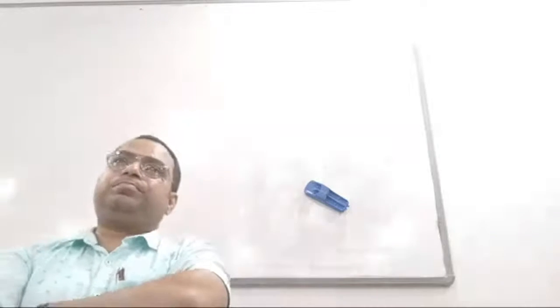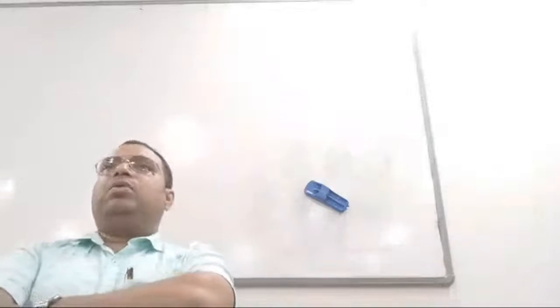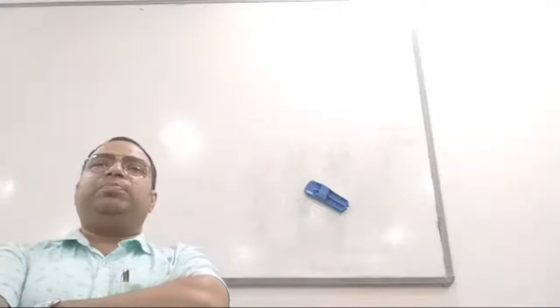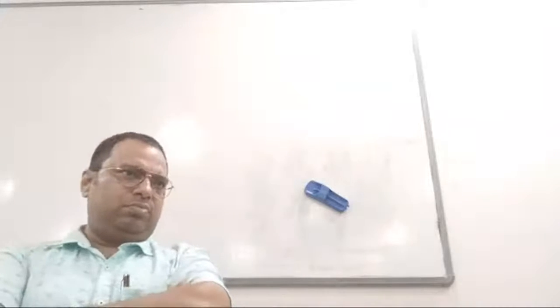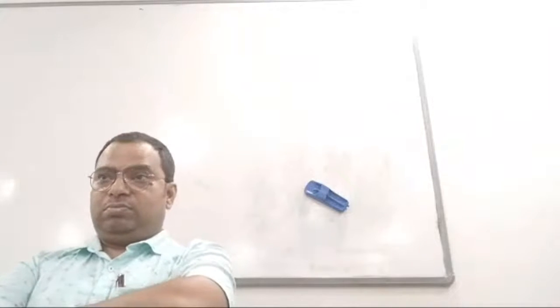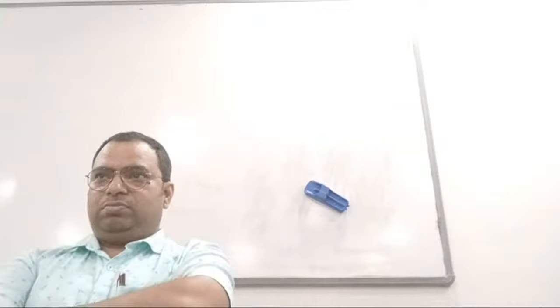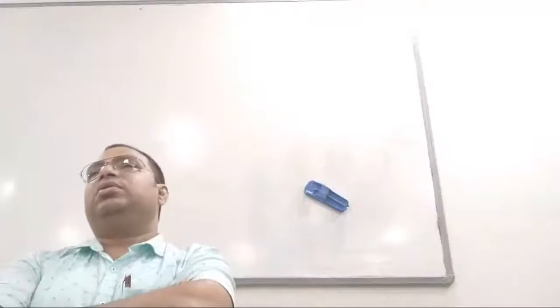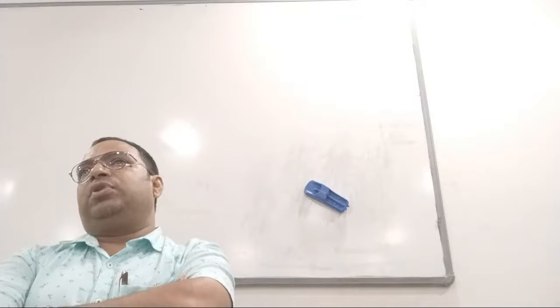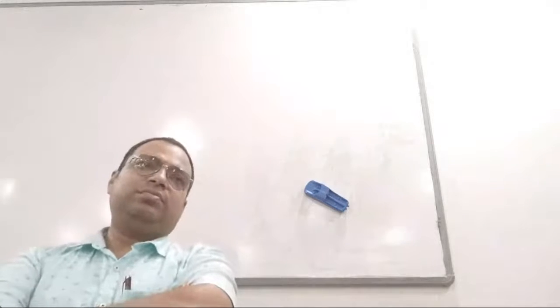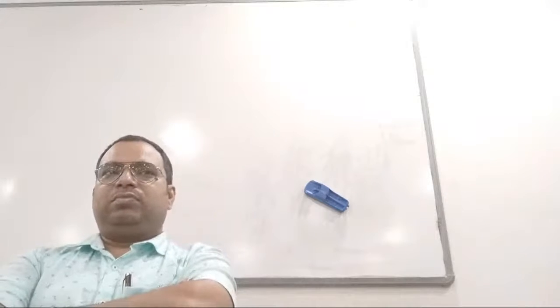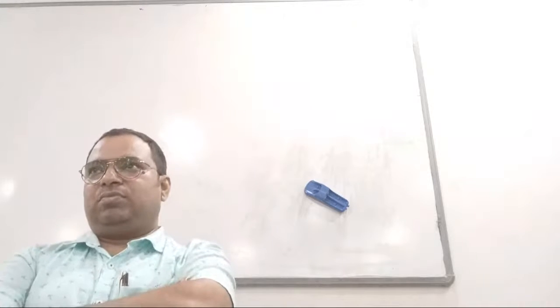Let's move to the next question: what do you mean by formatted input output and unformatted input output? Formatted means we can specify the place on the screen where we want to display and where we want to get input from. Unformatted means we can't specify a specific place to accept or display anything.